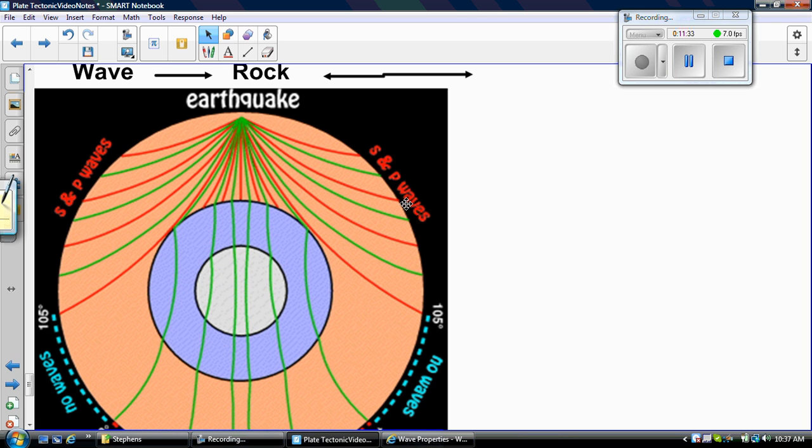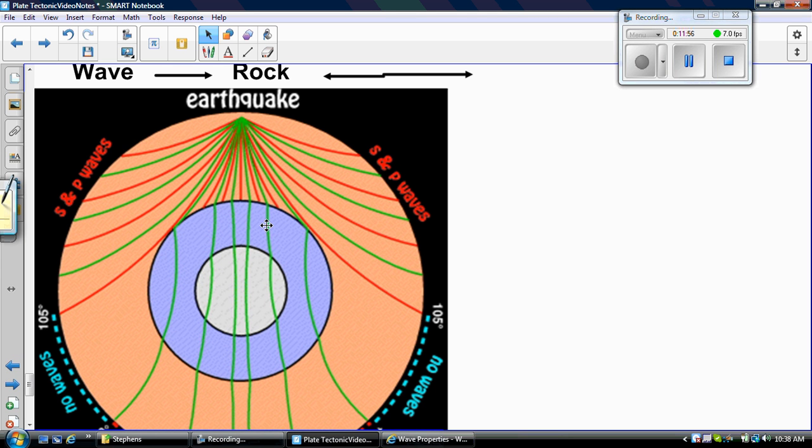If you look here, primary waves are in green, and the green can travel through the solid part of our lithosphere. It can also travel through the liquid part of our mantle and our outer core. But the thing is, it changes speed. Primary waves will travel faster through the solids and then slow down through the liquids.